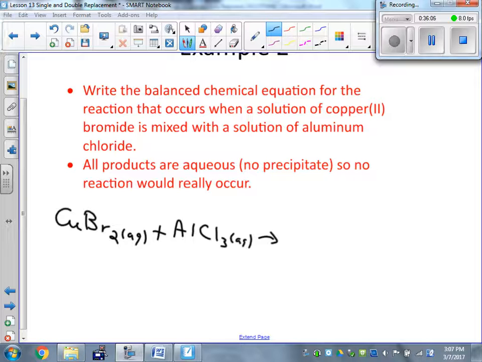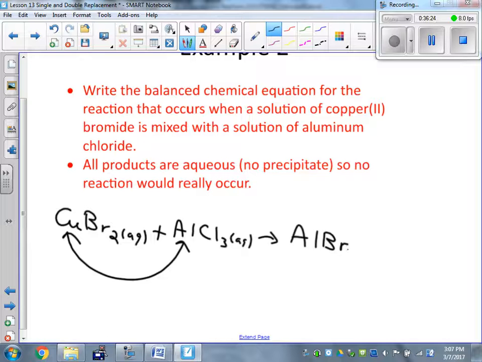Aluminum's a 3+, chloride's a 1-, swap and drop. Okay. Metals switch places, or the positive ions or the cations. So we're going to get aluminum that goes with bromine here, bromide. Aluminum and bromide. 3+, 1-, swap and drop. Okay.